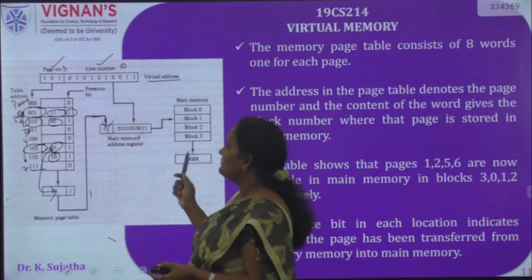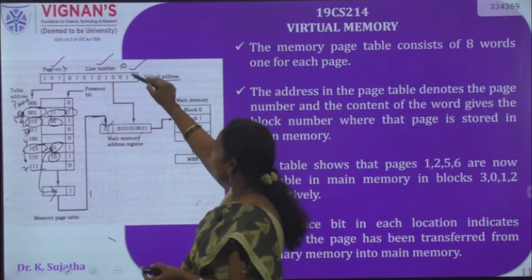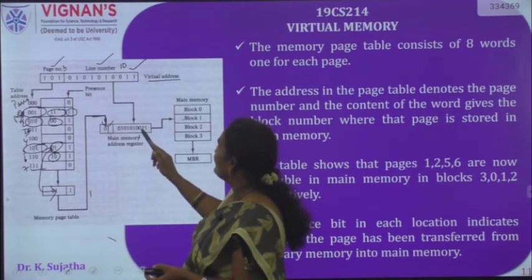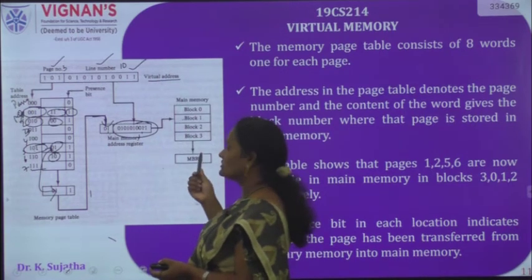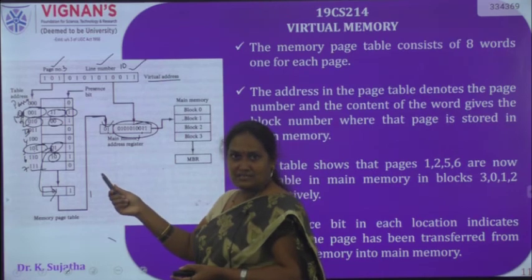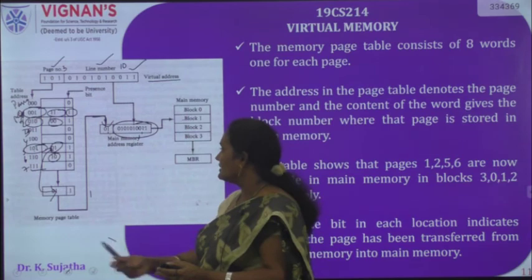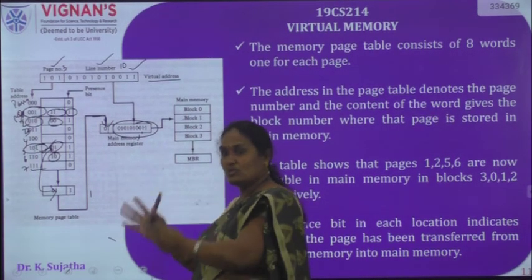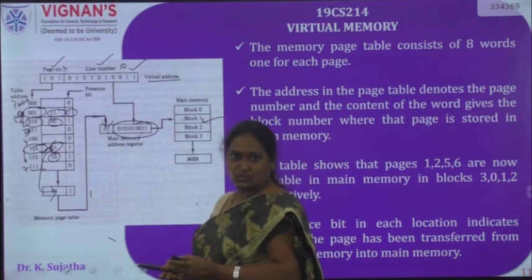That will be mapped. In the same way, line number also. The data present in this line of that page will be stored at the same address. Since it also has 1K locations, the data which is present in page 5 will be stored entirely in block 1.